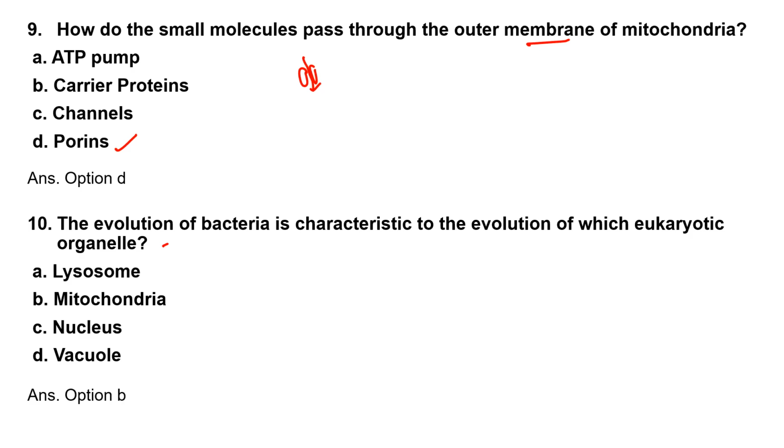It provided it with energy, while the eukaryotic cell helped it with transportation and shelter. That is the endosymbiotic theory. That is why the evolution of bacteria is characteristic of the evolution of mitochondria.